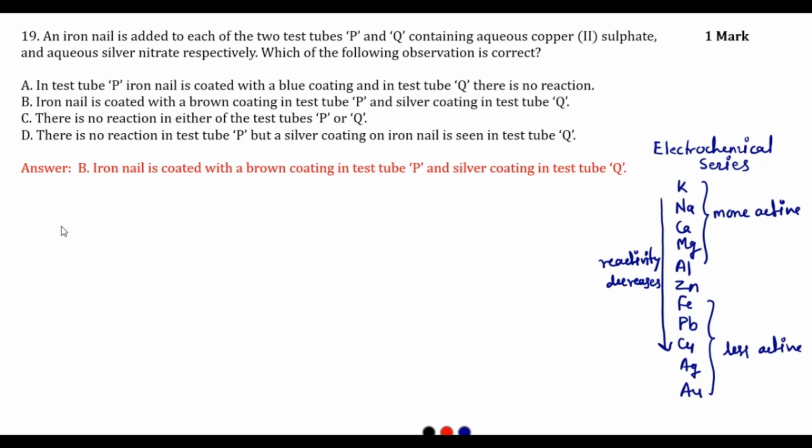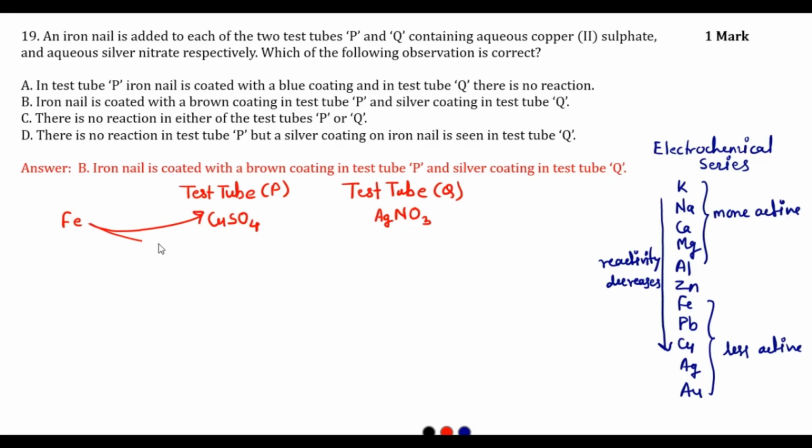Here I will write iron, and we are going to add it to two test tubes. One test tube, denoted by P, contains copper sulfate, CuSO4, and the other test tube, denoted by Q, contains silver nitrate, whose formula is AgNO3. The iron is going to react with copper sulfate in the first test tube and with silver nitrate in the second.